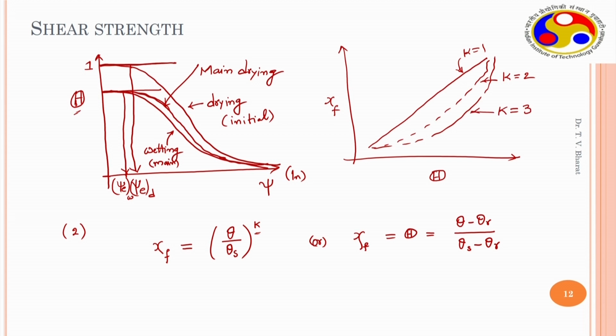However, we have very limited data from suction control shear tests, because there are several limitations associated with these tests. One major limitation is that the maximum suction range would be in the range of 1500 kilopascal if we are controlling the suction in the shear test using the axis translation technique, or around 1000 to 2000 kilopascal if we are controlling the suction osmotically.